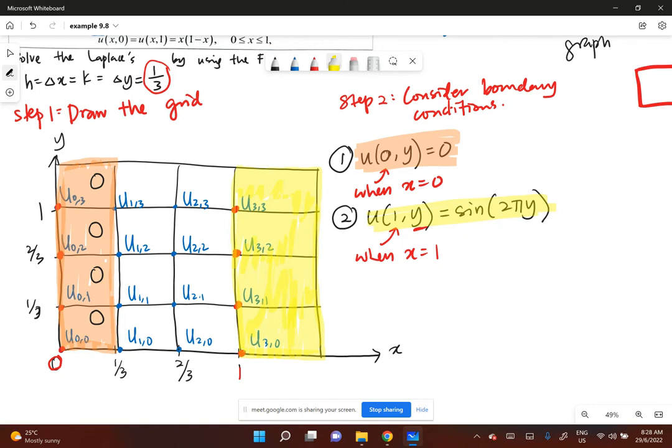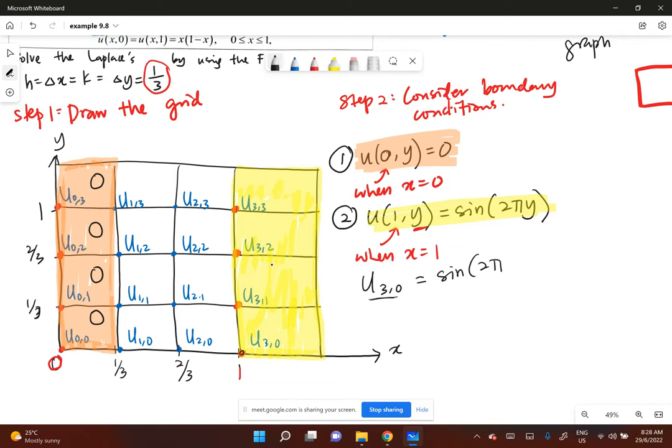So you can calculate one by one. For example, start from U30. U30 equals sine 2 pi y. At U30, what is y? What is the value of y?